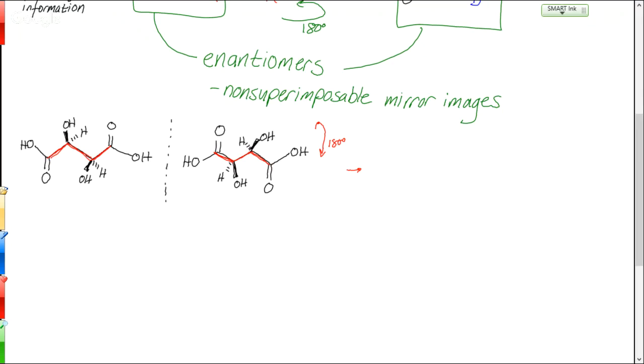And let's take it step by step so we can actually see what's happening here. Everything that's going down at some angle is going to end up going up at the exact same angle. So let's start on the left side. We had this OH here that's kind of angled down from here. So now it's going to be angled up when we flip it over.